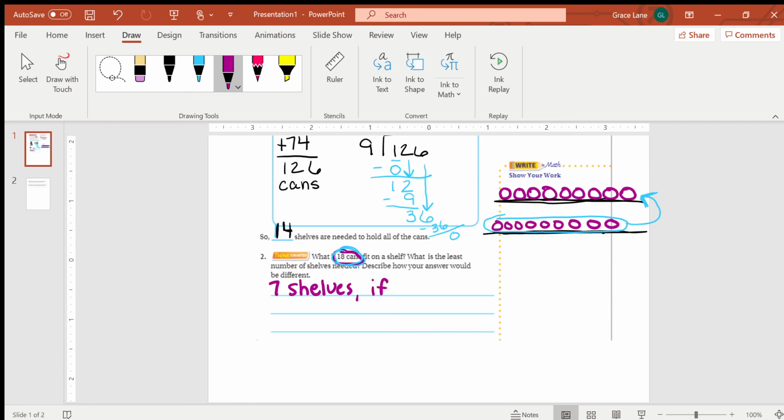Because if, I'm going to do the number sign because my writing's really big.